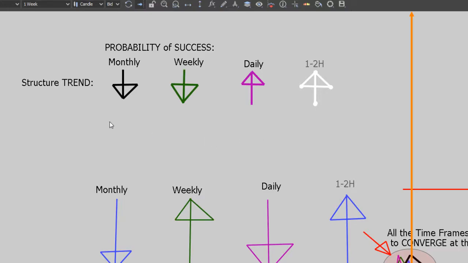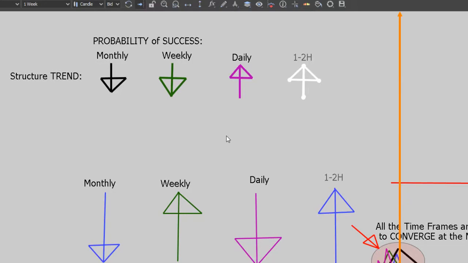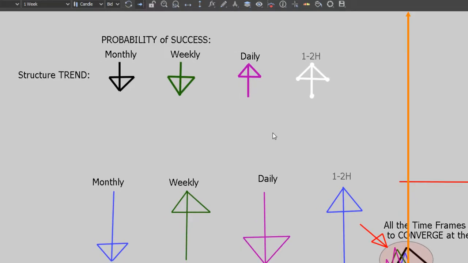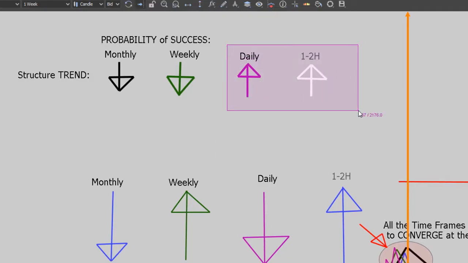This is one. Okay, so Passion, can I trade the uptrend? Yes, you can. You can trade the structural uptrend, no problem whatsoever. But bear in mind that these two, the grandfather and the grandfather, are down.